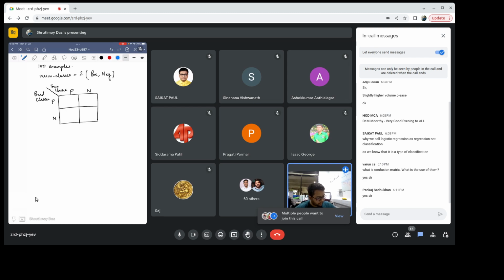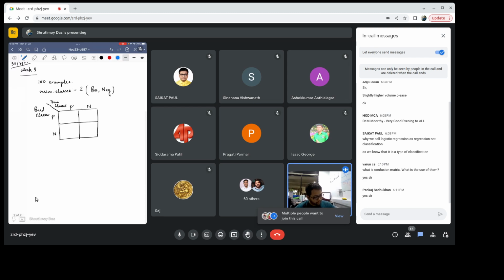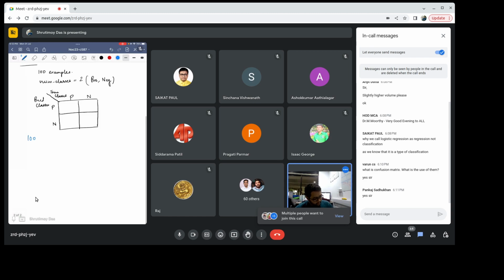If it is a negative class, we'll put it in this cell. Suppose out of 100 examples, the algorithm says that 60 of those are positives.